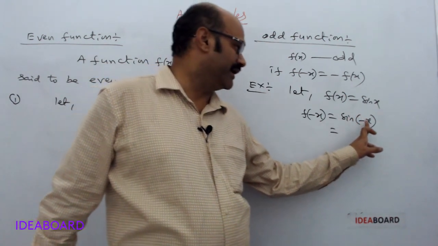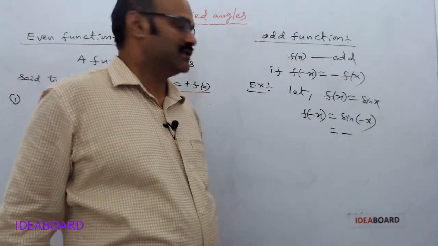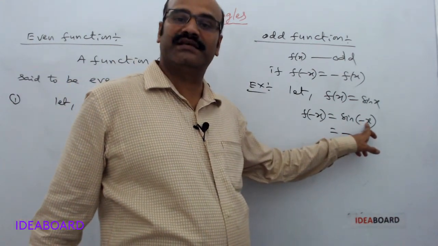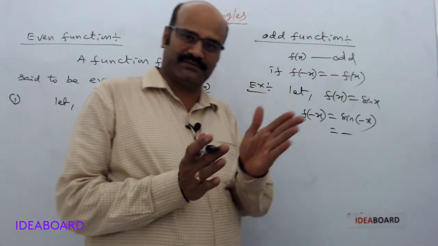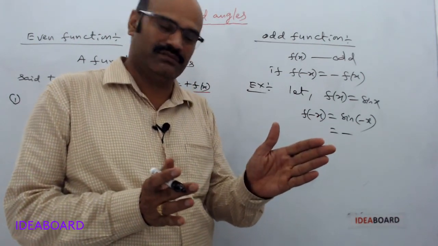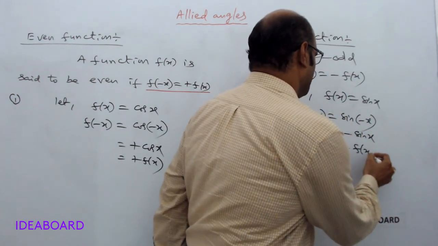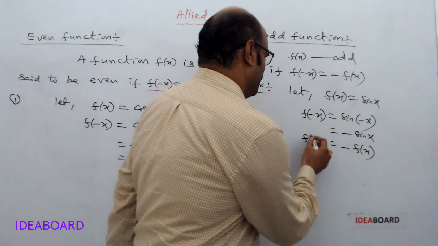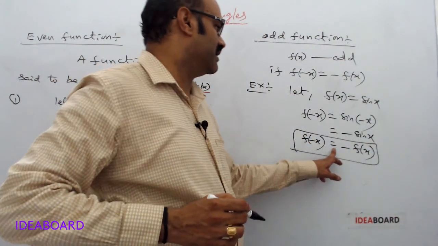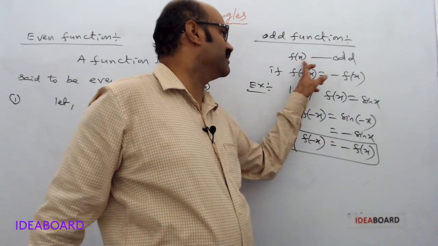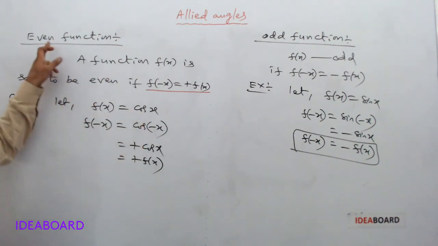Sin is negative, so minus. The angle which is allied to minus x is plus x, because the sum of those two must be 0: x minus x equal to 0. So minus sin x, equal to minus f of x. Therefore f of minus x equal to minus of f of x. So f of x equal to sin x is said to be an odd function and f of x equal to cos x is said to be an even function.